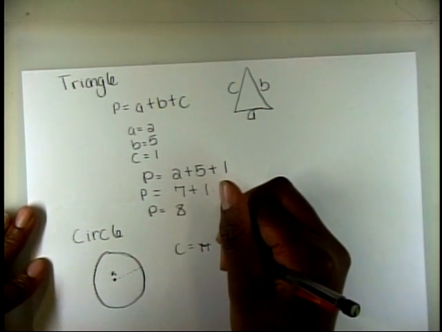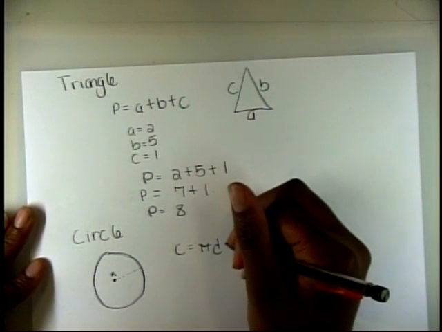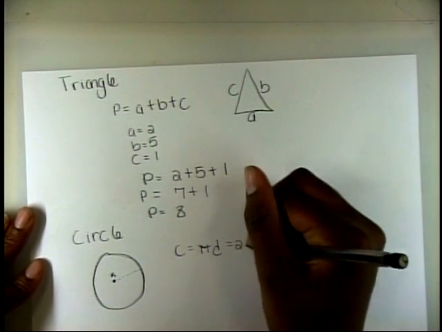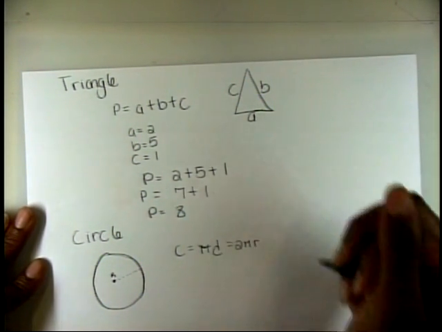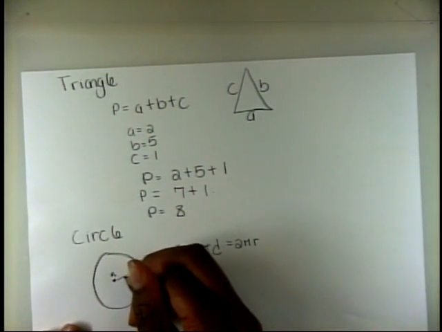pi times diameter equals 2 pi radius. The diameter of this circle is this line right here.